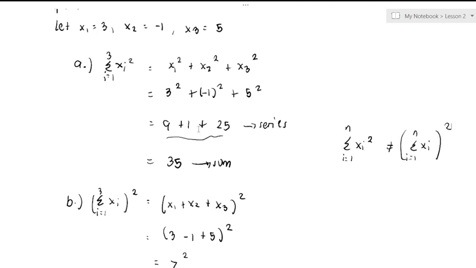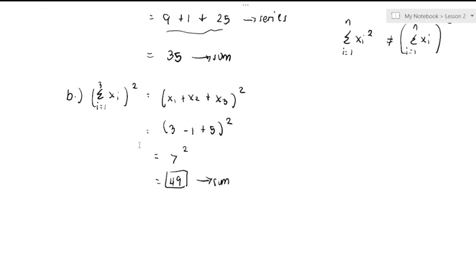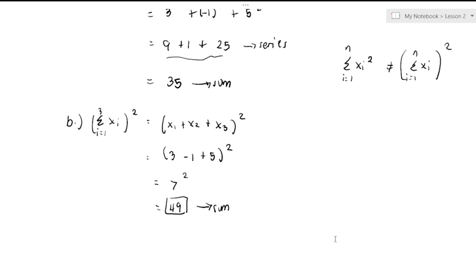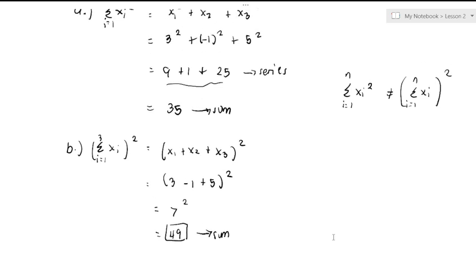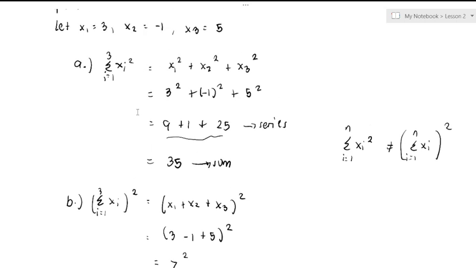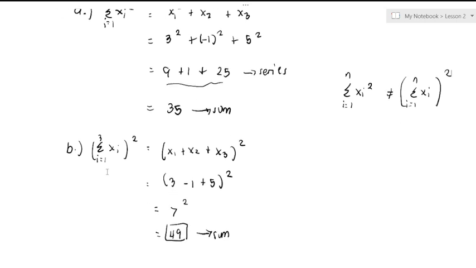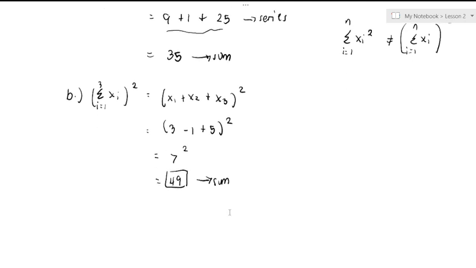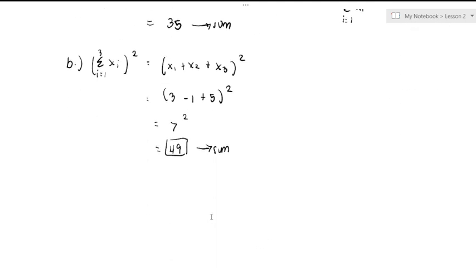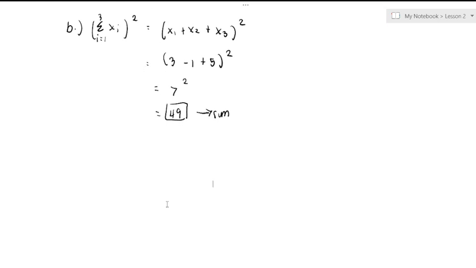Katulad ng example natin, yung lumabas sa letter A, 35, yung sa letter B, 49. So, they are not the same. Okay? So, yung sa una kasi, ini-square natin yung bawat term. Dito naman, ini-square natin yung buong summation. Yung buong sum. Okay? So, let's now proceed to product notation.